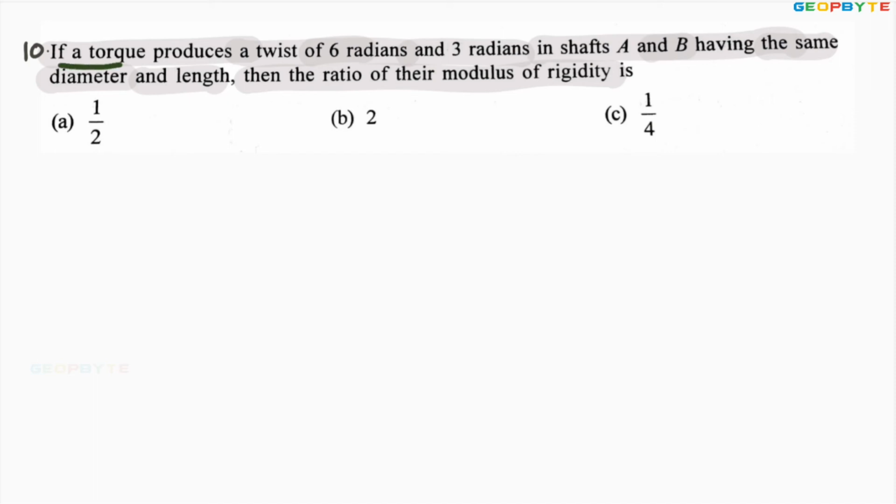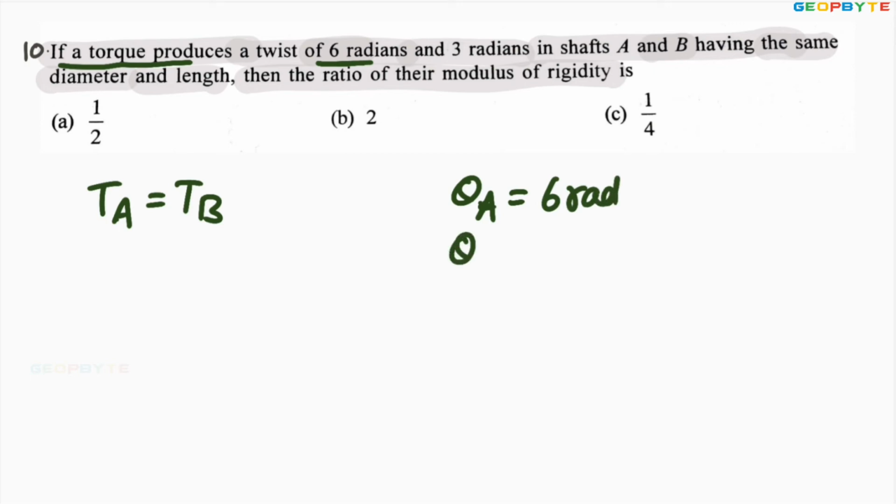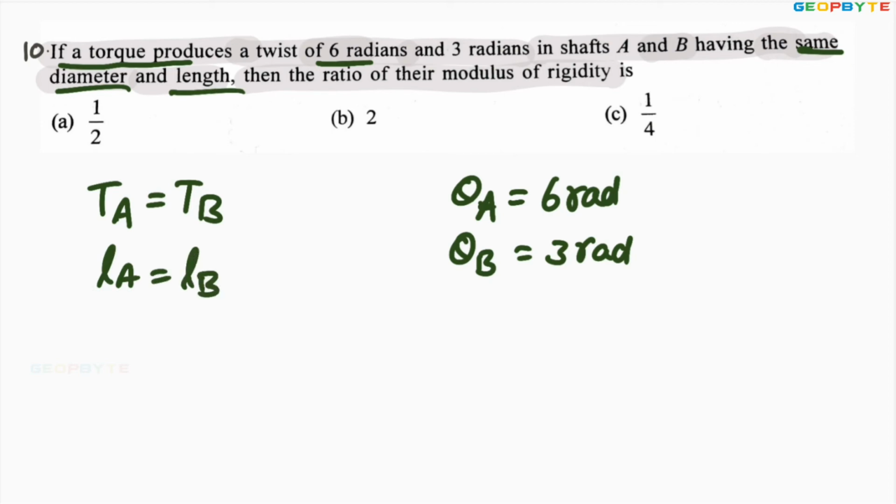But since it is given that a torque produces the twist, torque remains the same, TA equal to TB. Angle of twist for shaft A is given as 6 radians. Angle of twist for B is 3 radians. The same diameter and length, LA equal to LB, DA equal to DB.